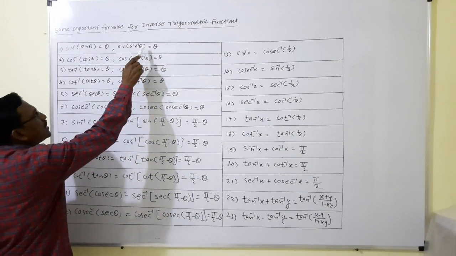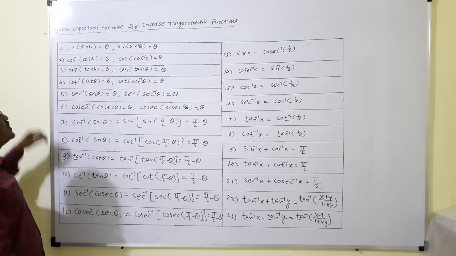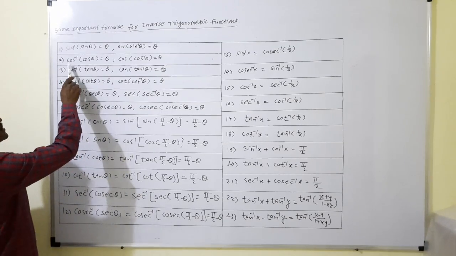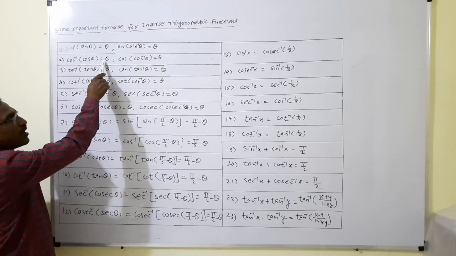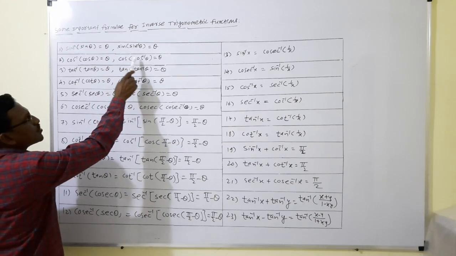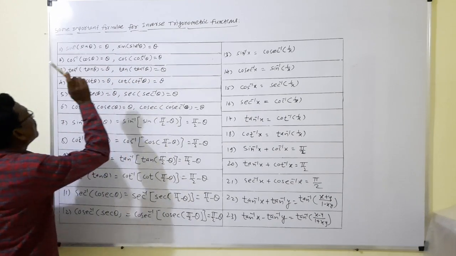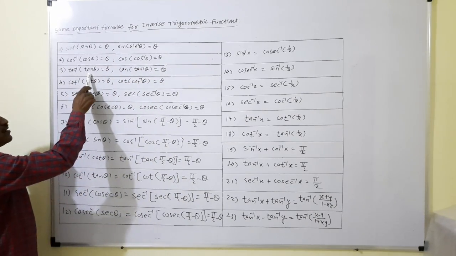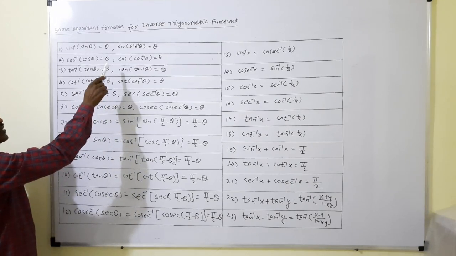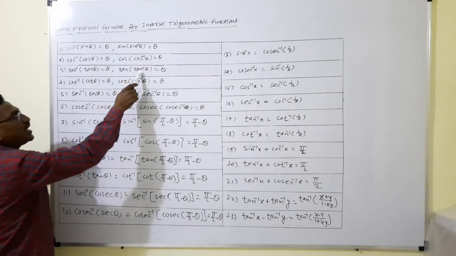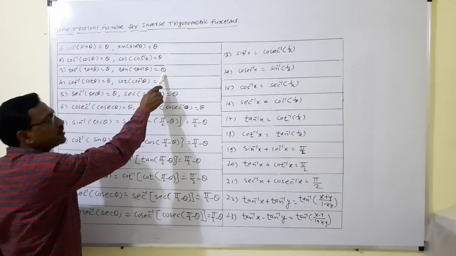In the same way, second, cos inverse of cos theta is theta, and cos of cos inverse theta is also theta. Then tan inverse of tan theta is theta, and tan of tan inverse theta is theta.